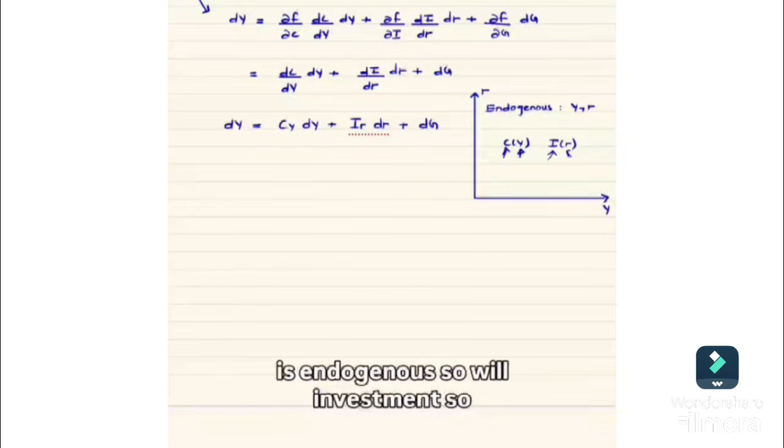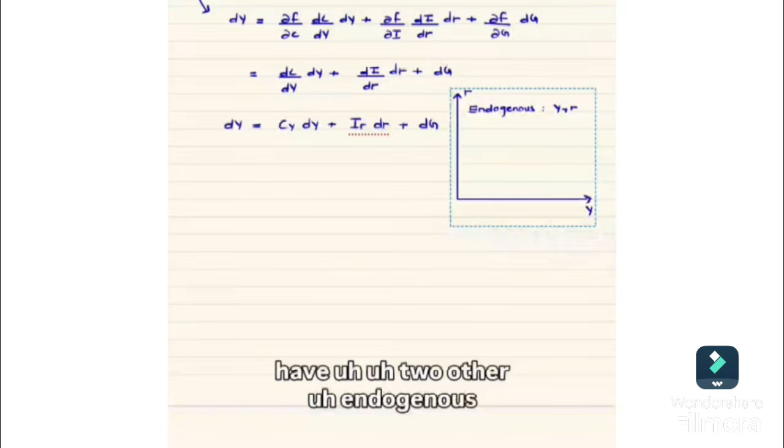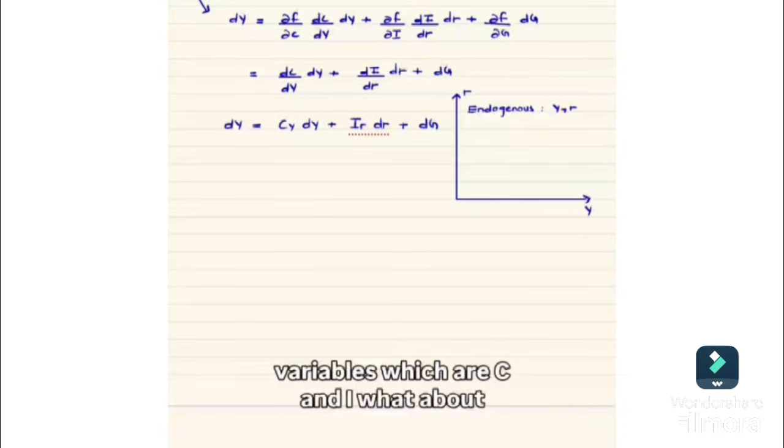So besides output and interest rate, we have two other endogenous variables, which are C and I. What about exogenous variables?